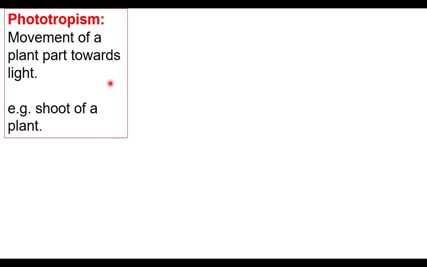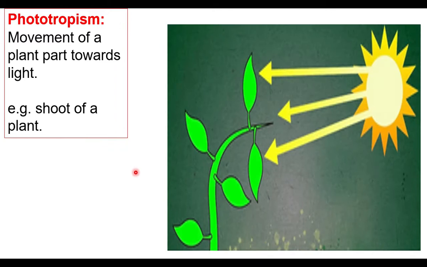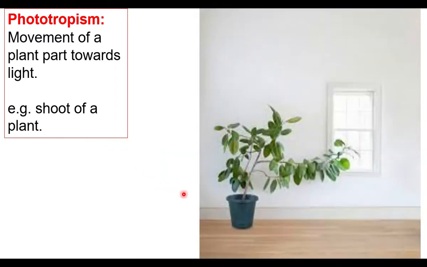What is phototropism? Movement of a plant part towards light is called phototropism. Which part of the plant grows towards light? The shoot system of a plant grows towards light. If we keep a plant near the window of a room, what can we see?